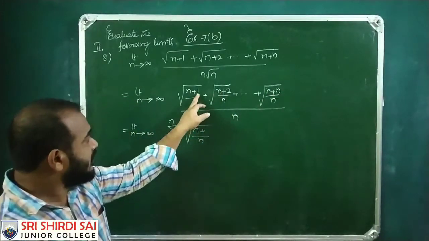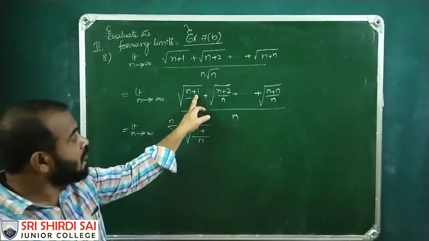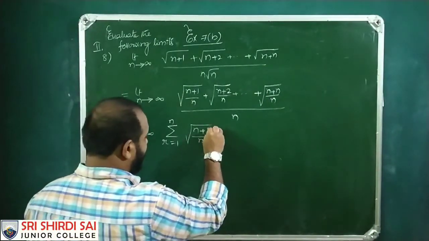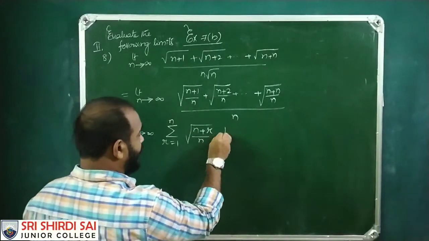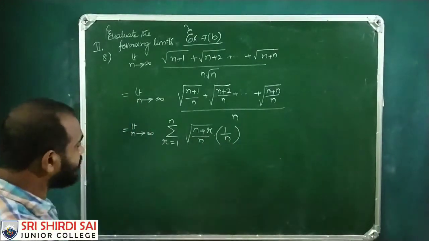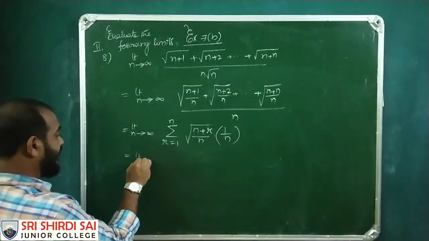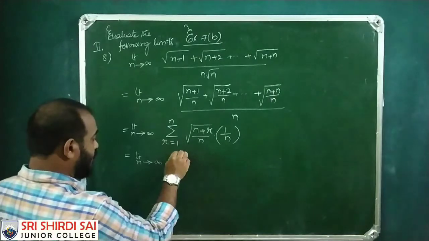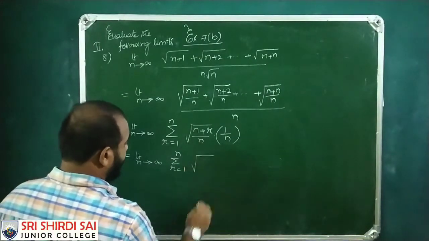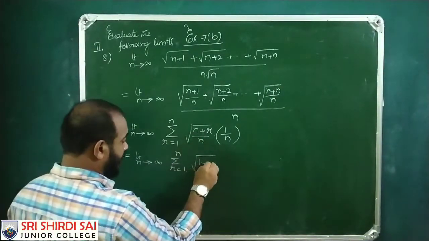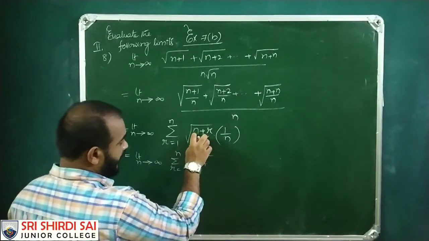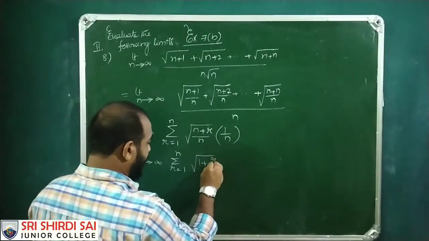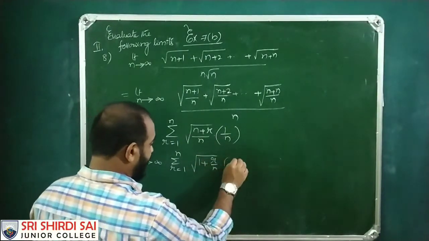That means this is varying throughout the expression. Therefore, I will replace it as r into 1 by n. Now, this is equal to limit n tends to infinity, sigma r runs from 1 to n, square root of, so this is 1 plus, a plus b by c is a by c plus b by c, n by n is 1, this is r by n, into 1 by n.